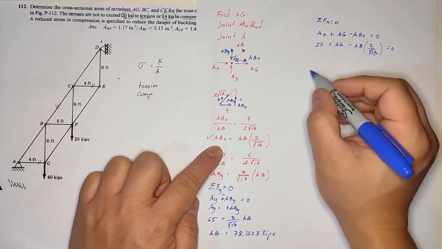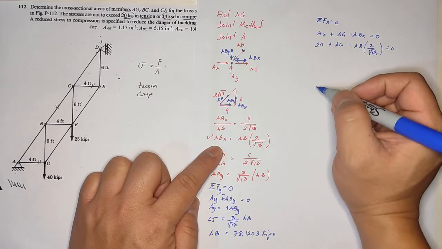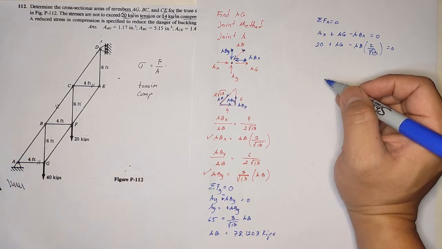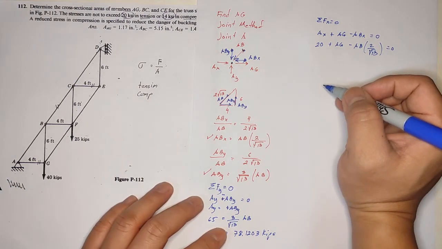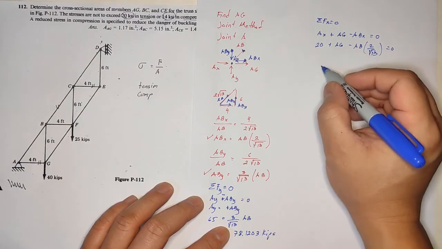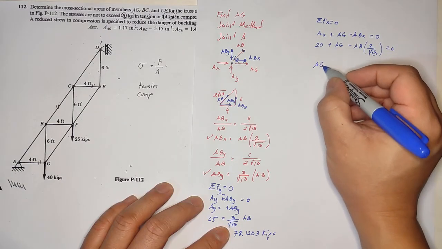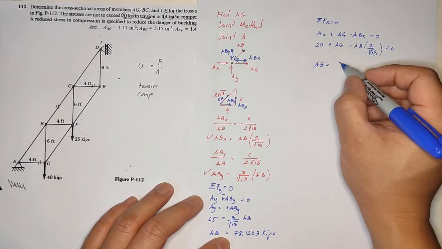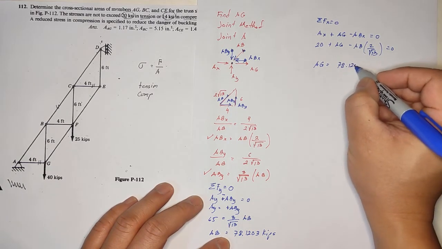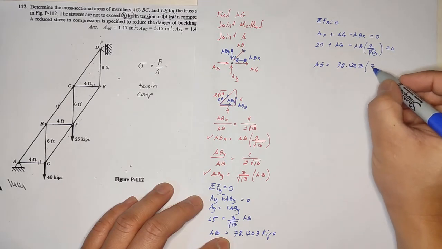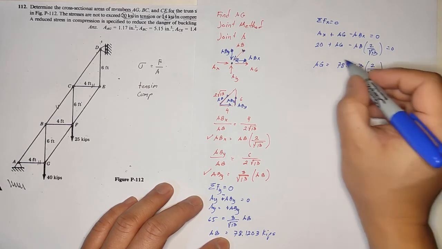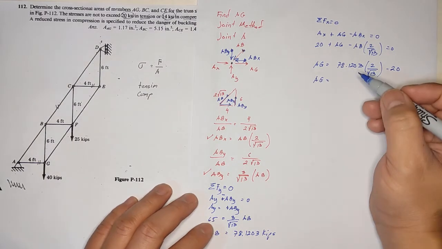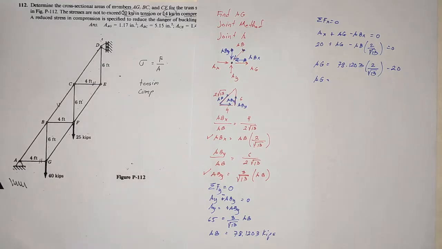So, is this negative or positive? Let's see. Let's compute later. So, you now have AG equals AB, what is AB? That is 78.1203 times 2 over square root of 13 minus 20. So, AG now, where's my calculator?